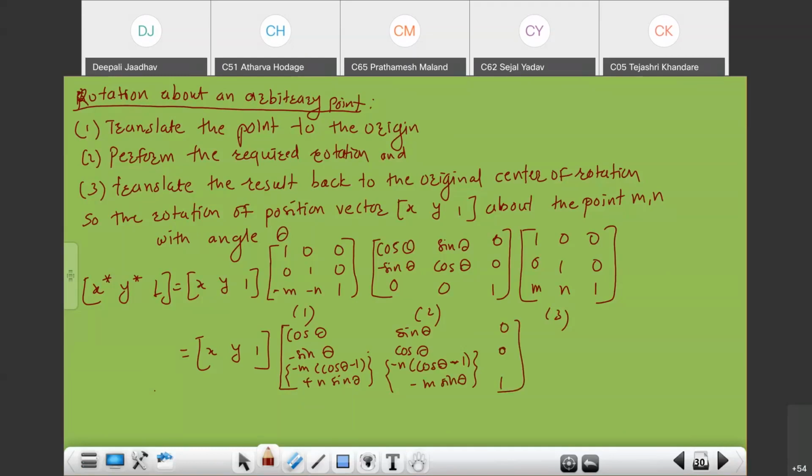This multiplication I have already done. After multiplying the original position vector with this transformation matrix, we will get the result: rotation about an arbitrary point.